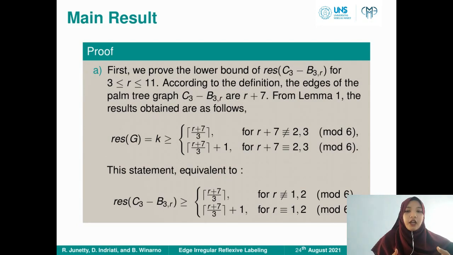This statement is equivalent to rest C3b3r greater than ceiling of r plus 7 per 3 for r not equivalent to 1 and 2 in modulo 6, and then ceiling of r plus 7 per 3 plus 1 for r equivalent to 1 and 2 in modulo 6.